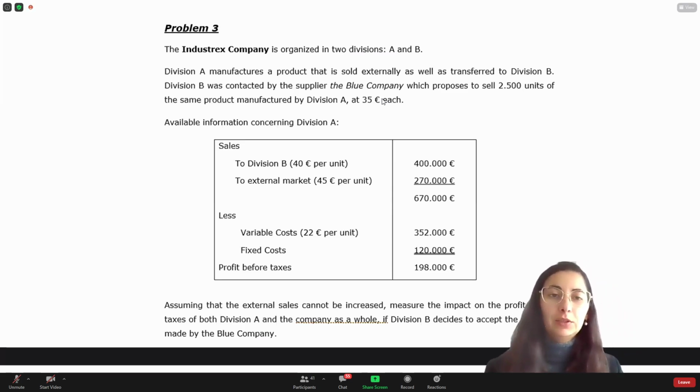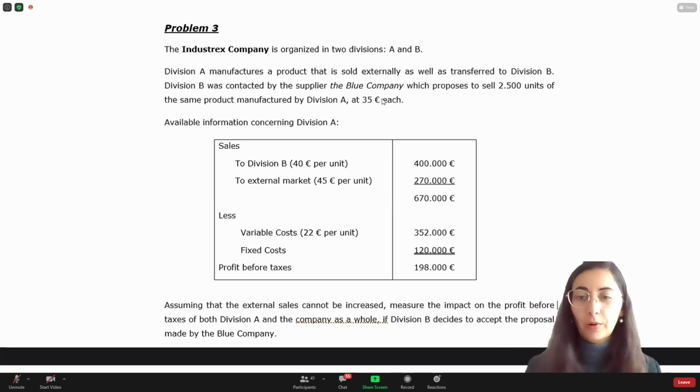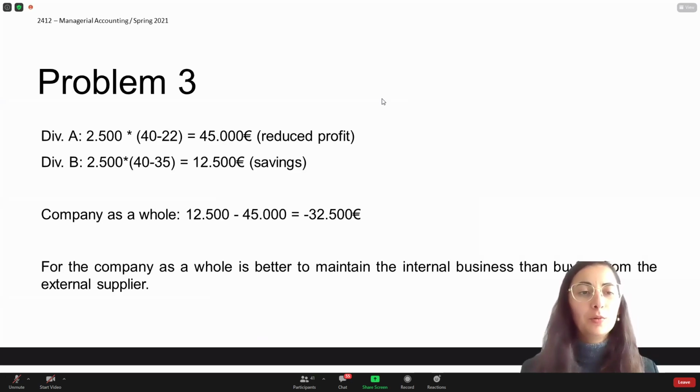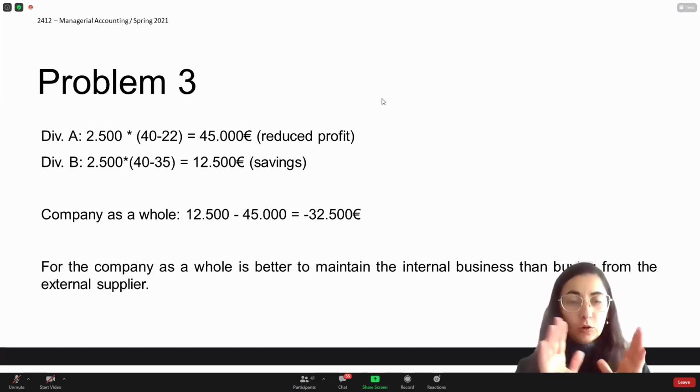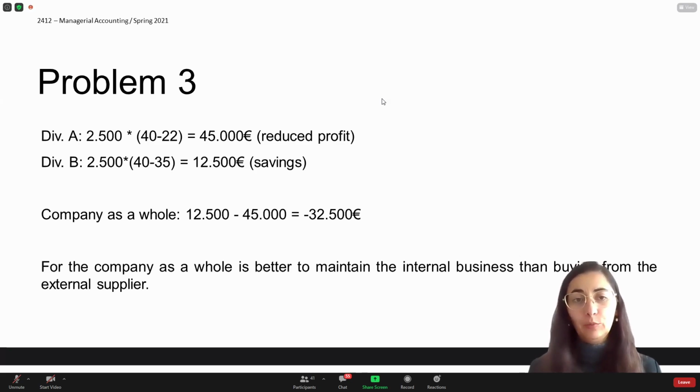Anyone else want to comment or have questions? No, so we could look at the impact. Gonçalo was looking at the total and then comparing the impact on profit with the difference.